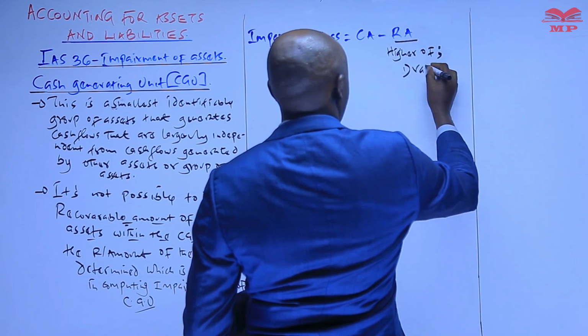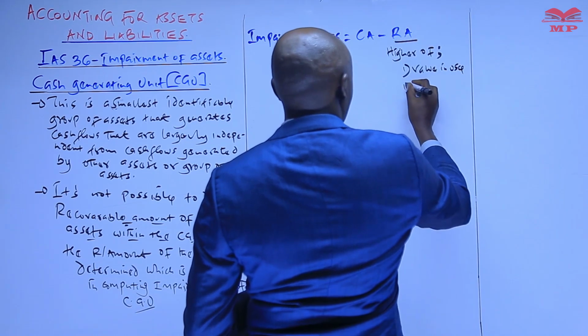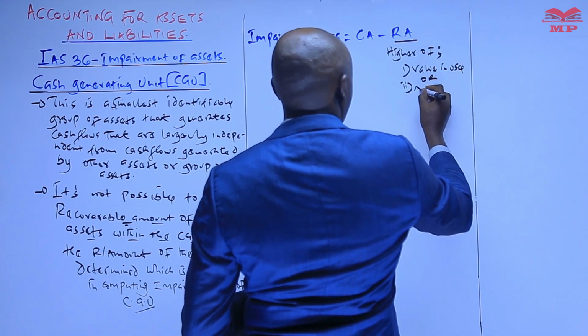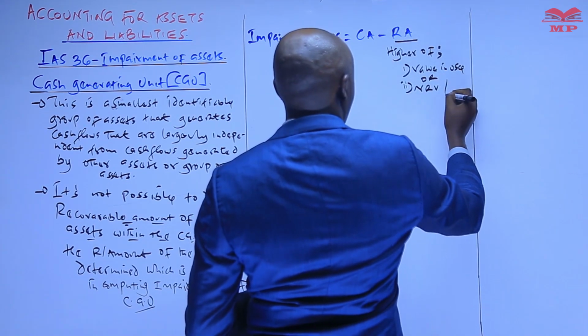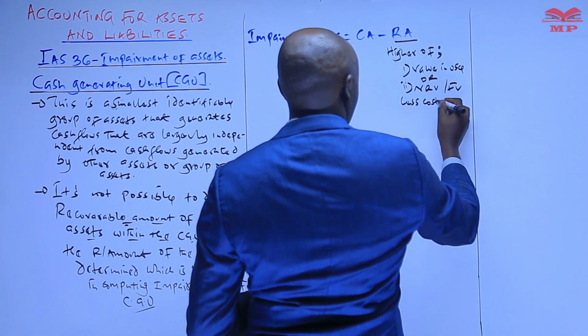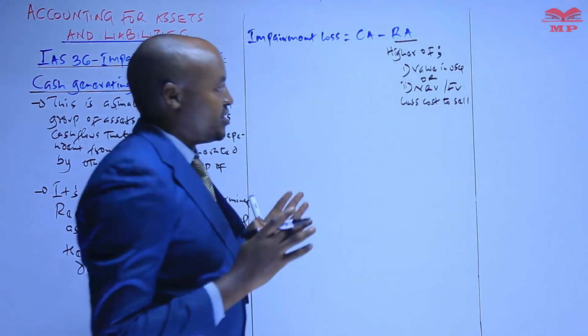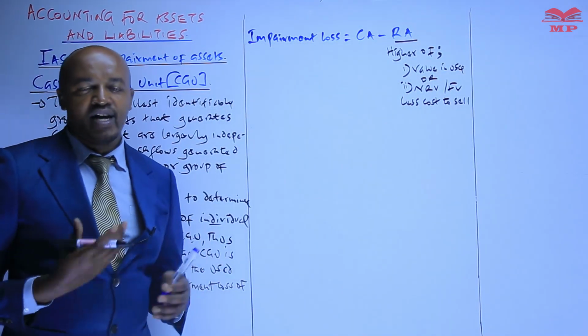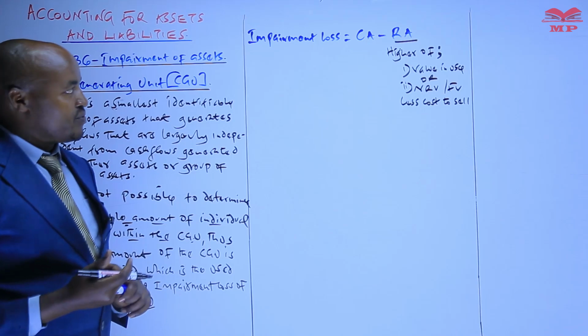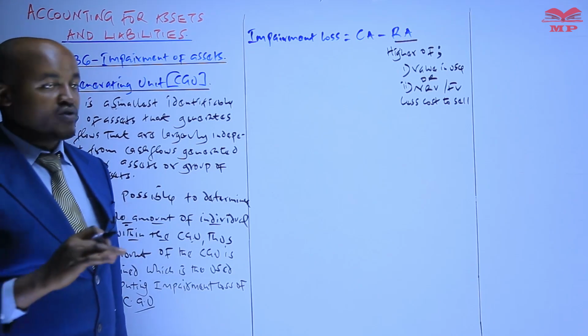Number one, the value in use, or number two, the net realizable value or fair value less cost to sell. So therefore, in terms of how we determine the impairment loss of a cash generating unit, we use the same approach, the same formula for determining the impairment loss for an individual asset.